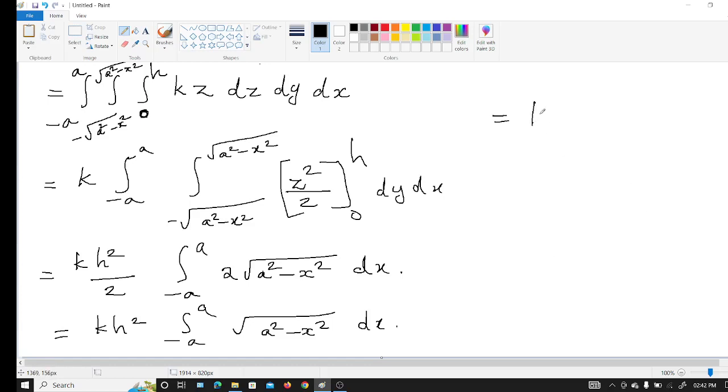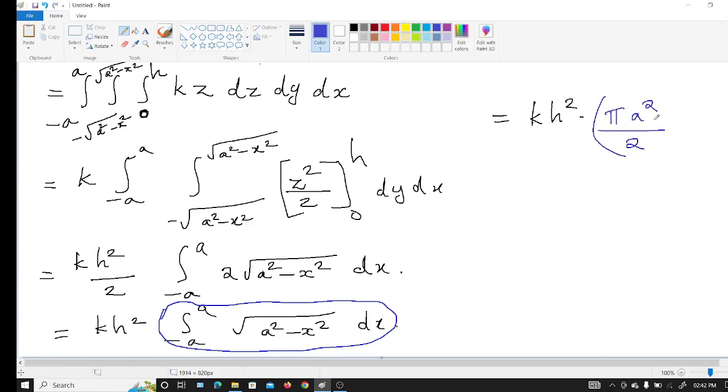Now this represents the area of a semicircle, so the integral from minus a to a of square root of a square minus x square dx is pi a square divided by 2. So this is equal to half times k h square times pi a square.